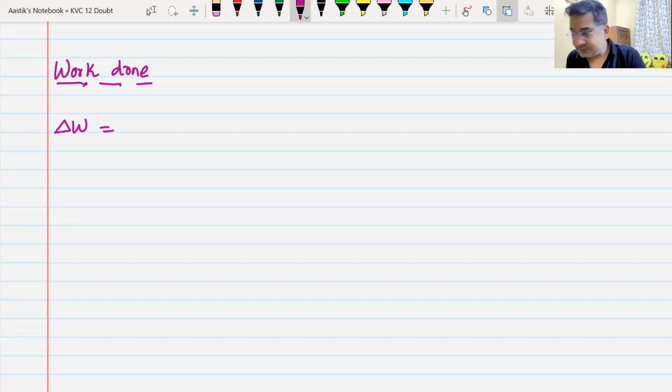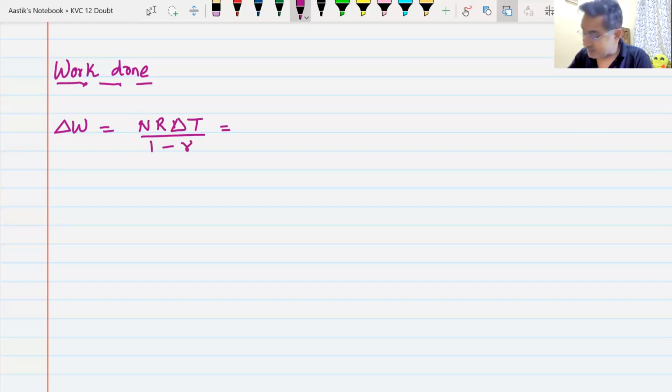Minus delta U. Yes, work done is actually equal to minus delta U. But what is minus delta U? You can write it as nR into delta T upon 1 minus gamma, or you can write it as P2 V2 minus P1 V1 times 1 upon 1 minus gamma.